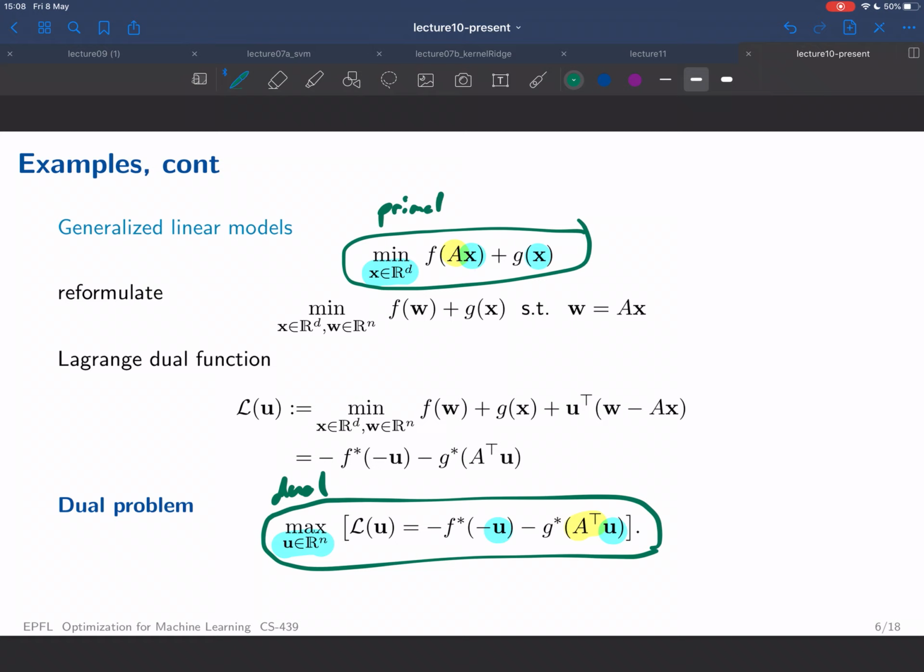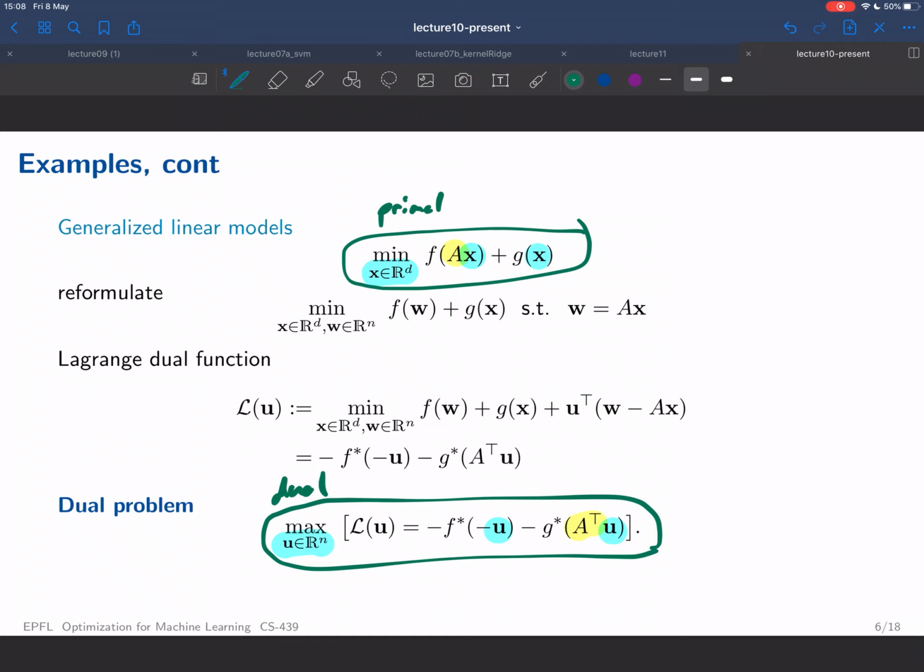The nice thing here is that f and g can be quite general, right? It's not that the f always needs to be a particular form, and the g can be quite general as well. It can be a non-smooth function, for example. The regularizer can be the L1 norm, it can be the L2 norm, it could even be a box constraint, and that's what you had in the support vector machine, where the dual became an interval constraint.